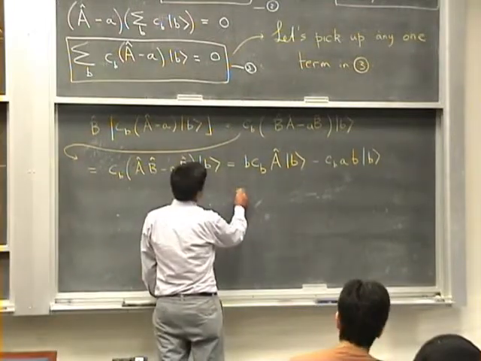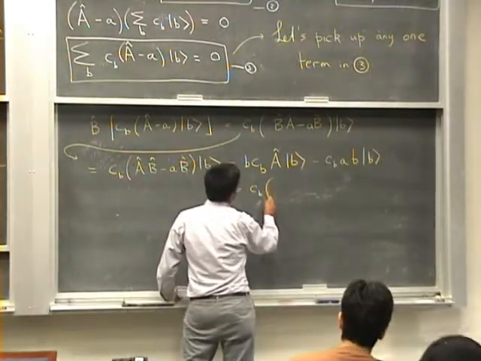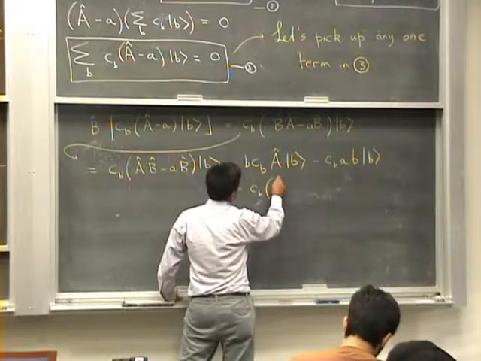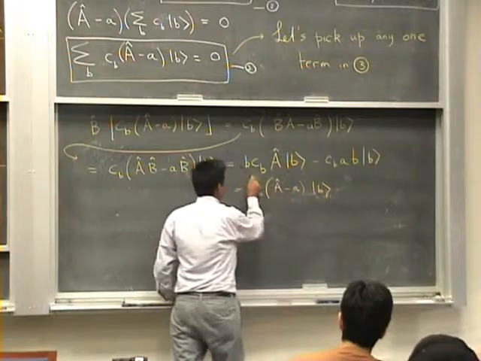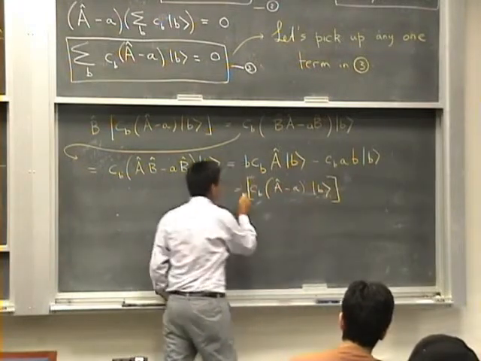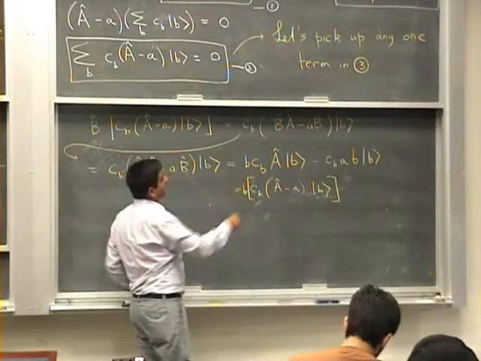This means CB, A minus A B. I just reorder my terms like this.